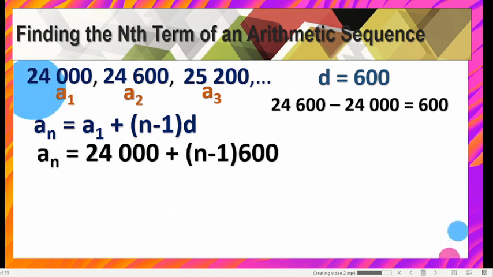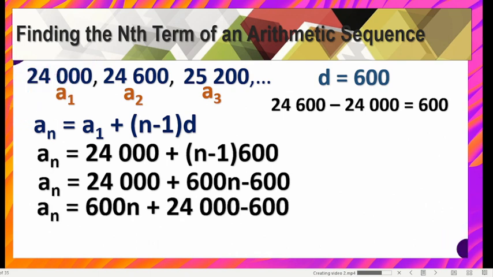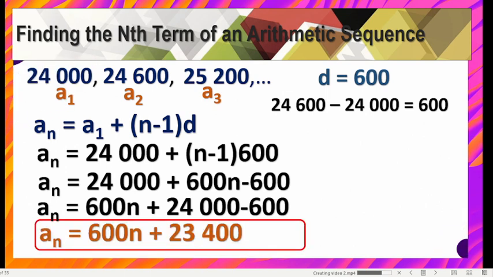And then combining 24,000 and negative 600, 24,000 minus 600 is 23,400. Hence, the nth term of this particular arithmetic sequence is a sub n equals 600n plus 23,400.